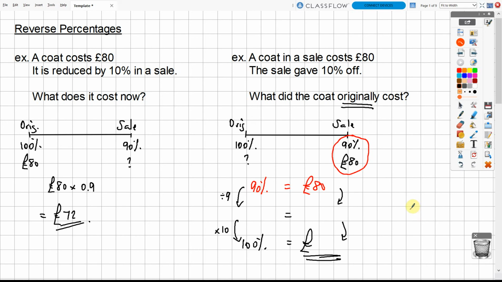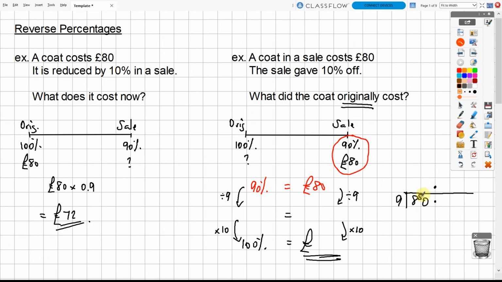And so 80 divided by 9, whatever that is, times 10.